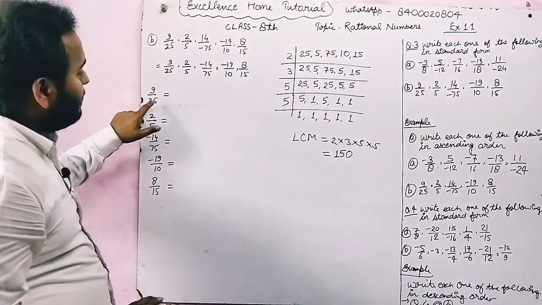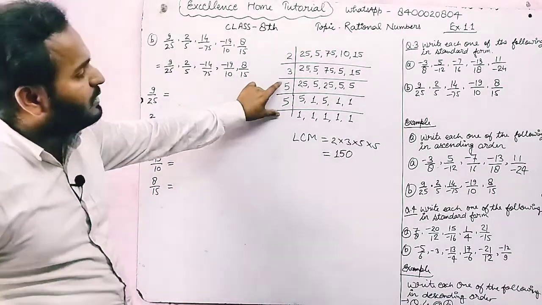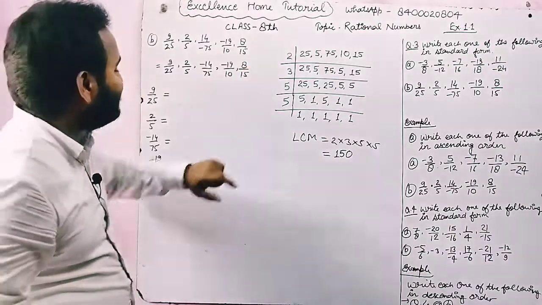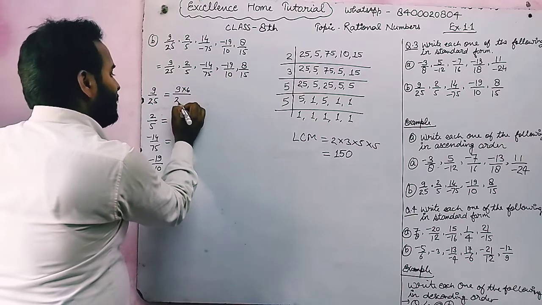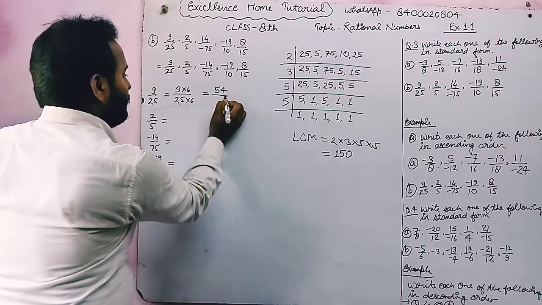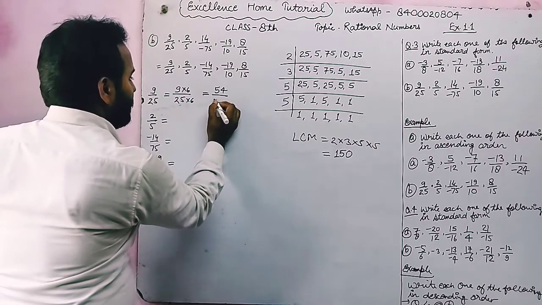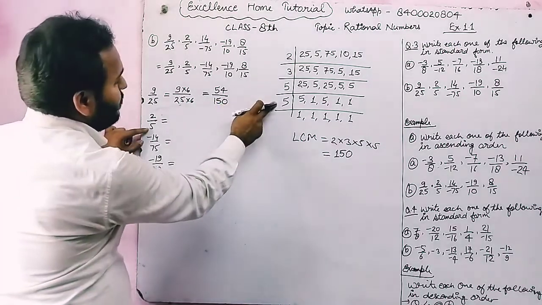We have to make 25 equal to 150. So 25 is removed. Remaining 6. So we have to multiply the numerator and denominator by 6. So this is 54. This is 150.